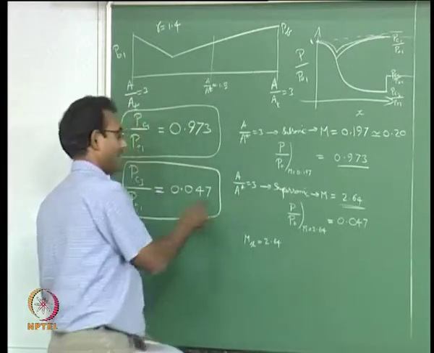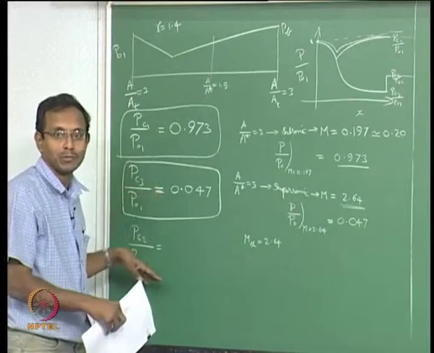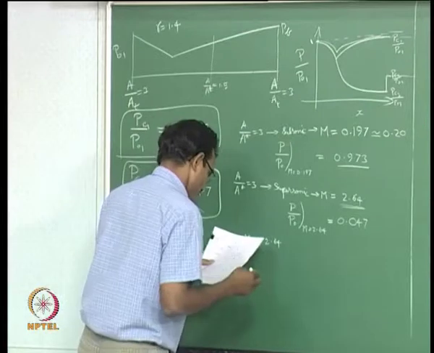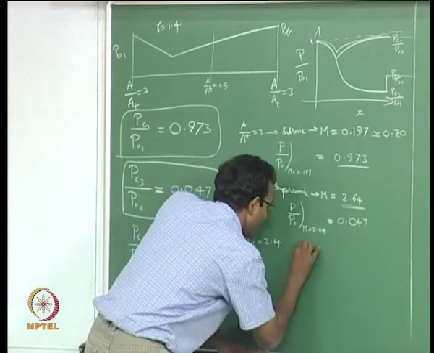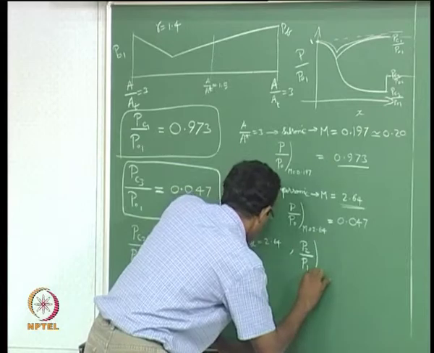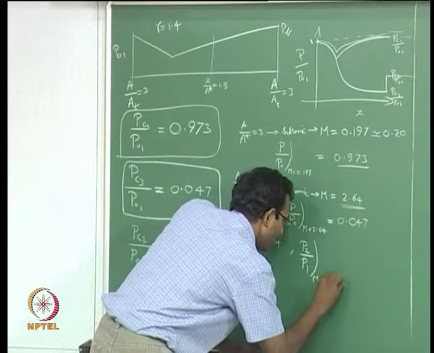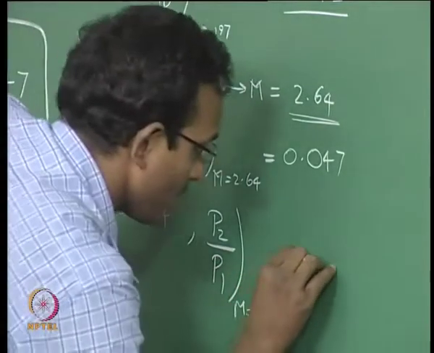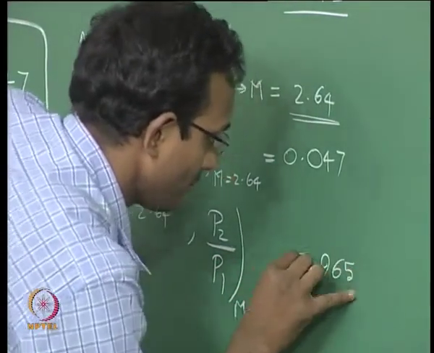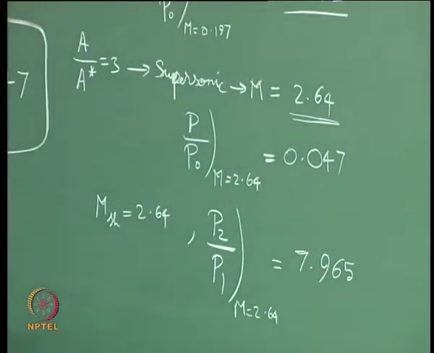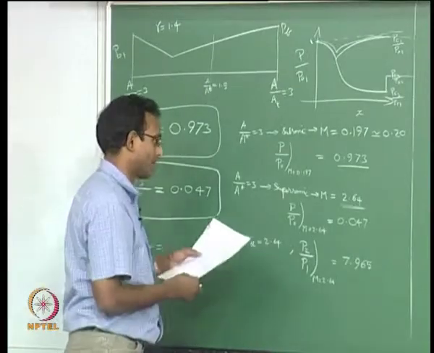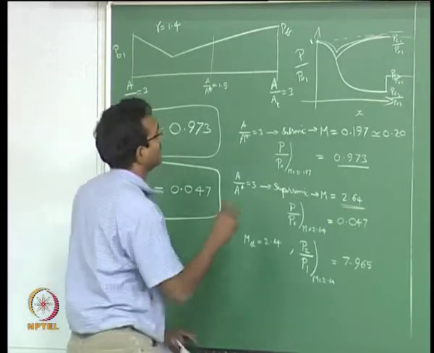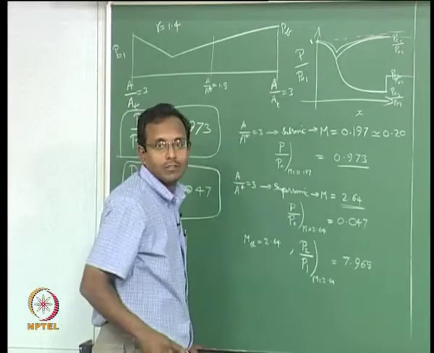I already did P critical 3. That is why I did this before the other one, P critical 2. Okay. So once I have done that, now I just have to find from here P2 by P1 at M equal to 2.64. If I find this number, that happens to be 7.965. This is all for gamma equal to 1.4 I am solving. Okay, I am getting this particular number 7.965, and if I have to find the exit pressure now after the shock, what will it be?